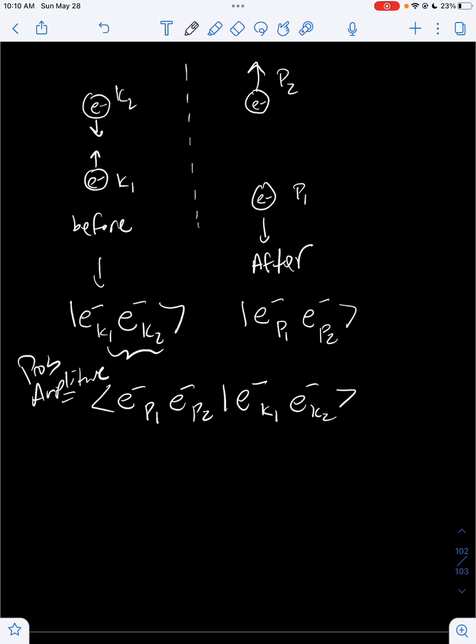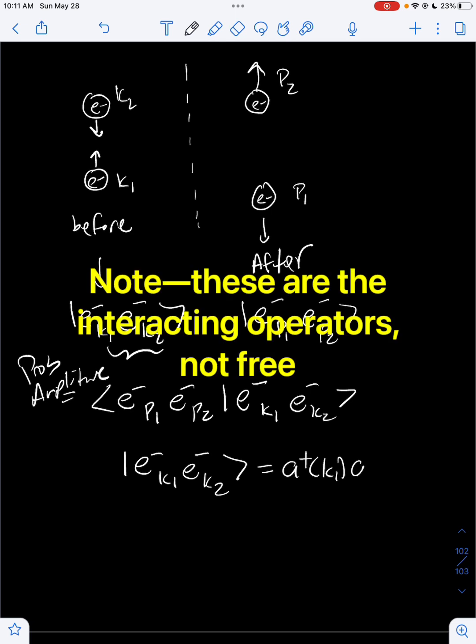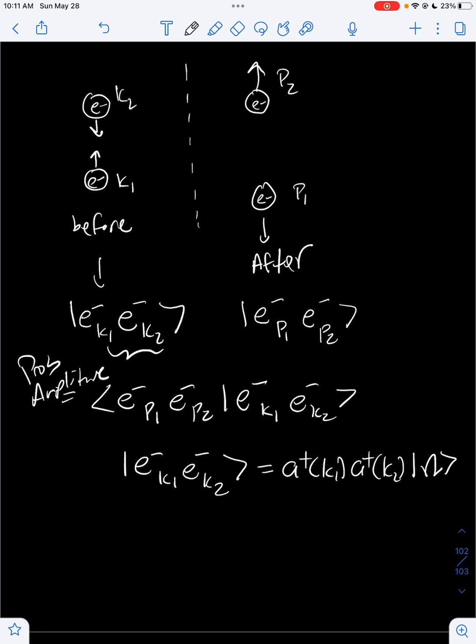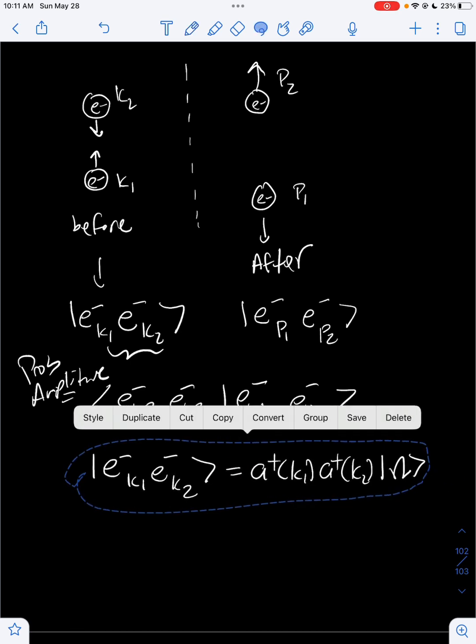Well, we recall that we can represent this state, pretending that electrons don't have any spin. We can write this as A conjugate k1, A conjugate k2, acting on the interacting vacuum state. Because these particles are interacting, we should use the interacting vacuum.